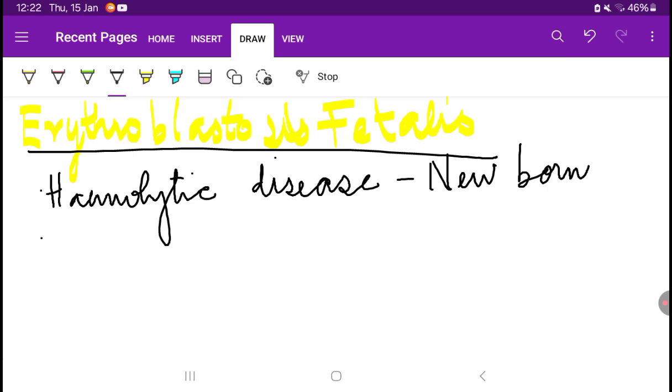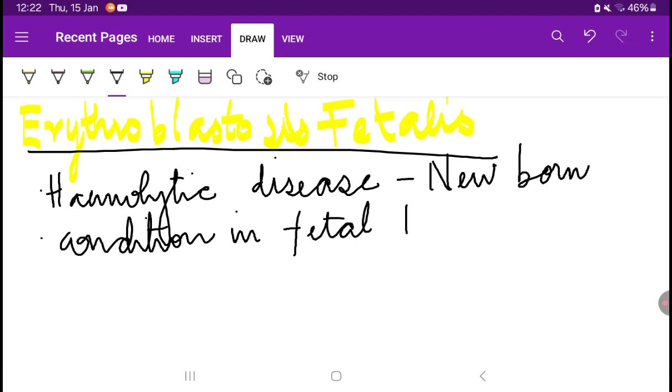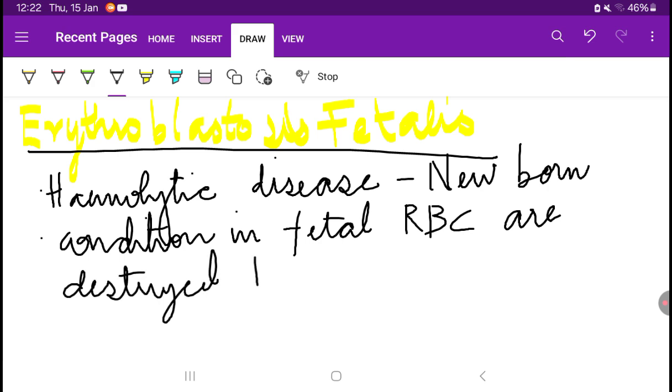It is a fetal red blood cells destroyed condition in which fetal RBC are destroyed by its own mother's antibodies.